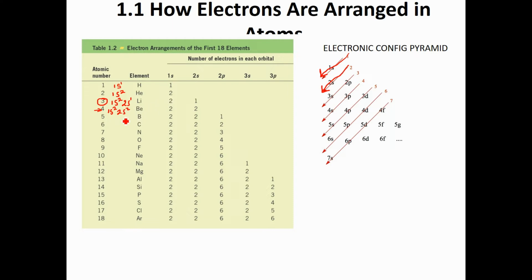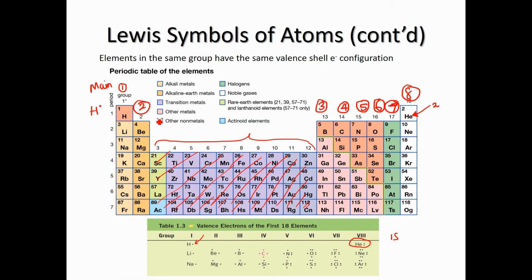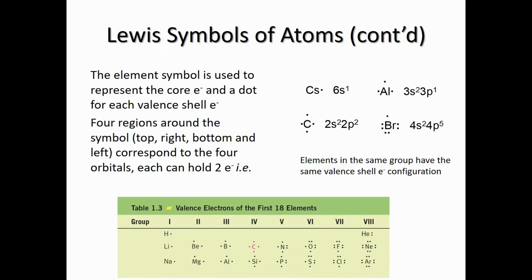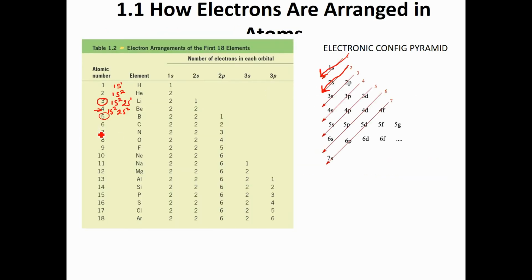Boron has atomic number 5 in your periodic table. Boron is right here. It has atomic number 5. So in that case, boron will be 1s2, 2s2. Now we still have one more.